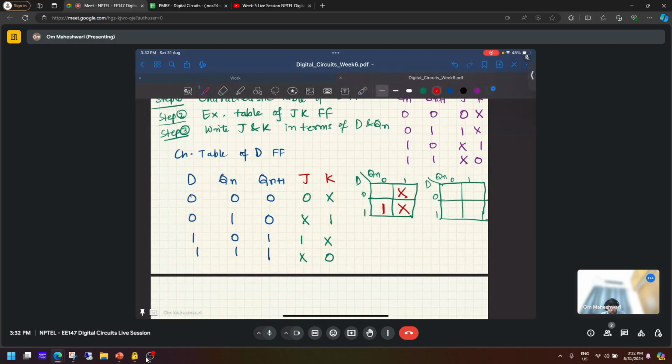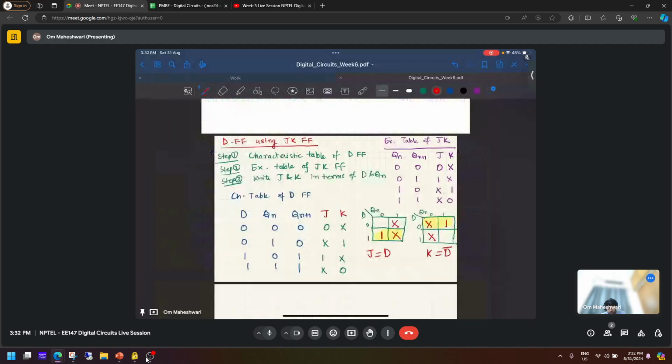This is 1, and these two are cross. Now, if you want to make pairs, this is one pair in this one, this is one pair in this one. So we can write J equals D, and K equals D bar. So what we got is J equals D and K equals D bar.